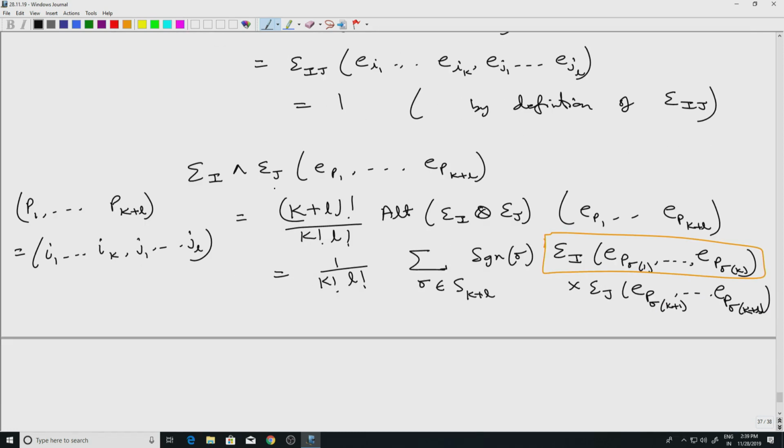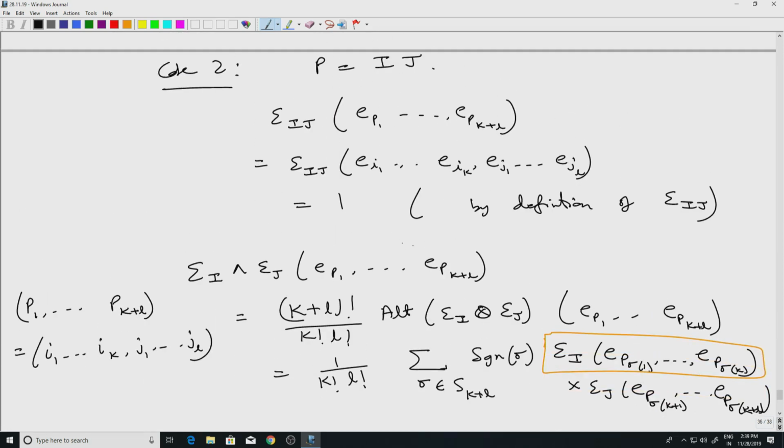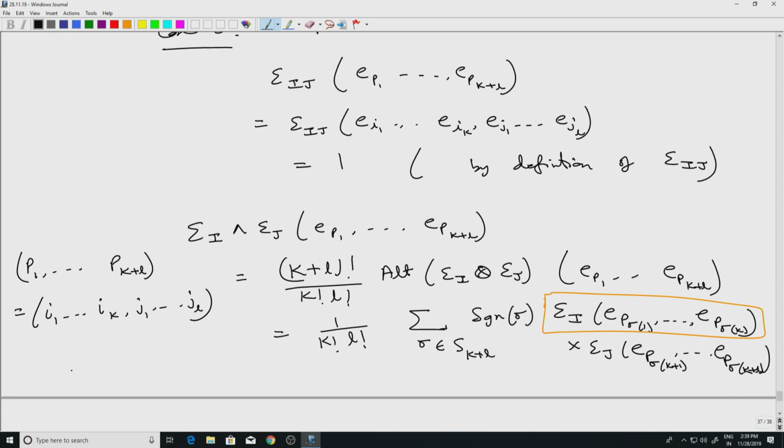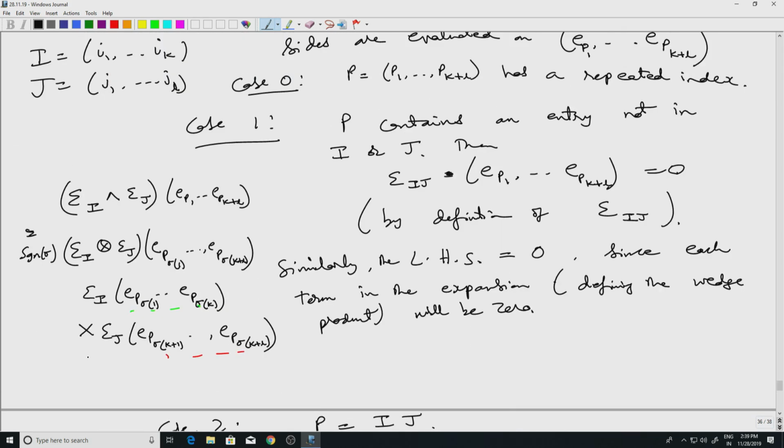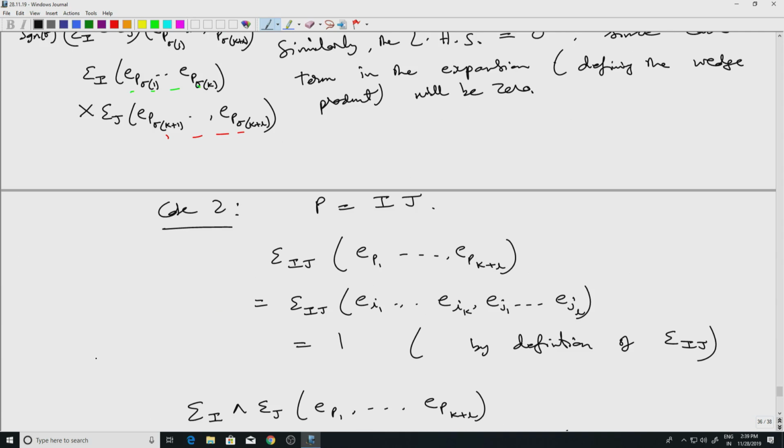So in case 2, now there is no conflict. When I write P equals IJ, it might very well happen that these indices are not in increasing order. But the point is that P equals IJ and no index is repeated.